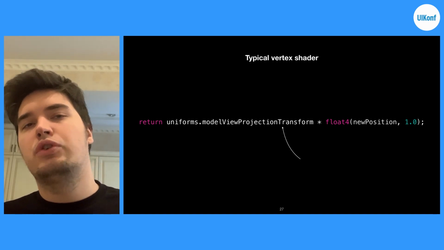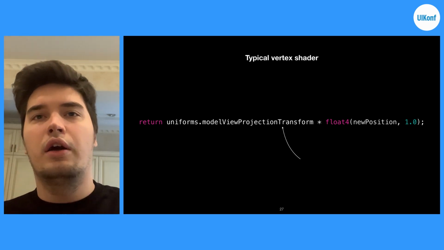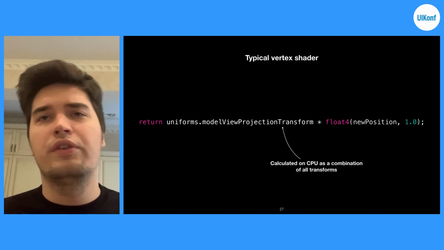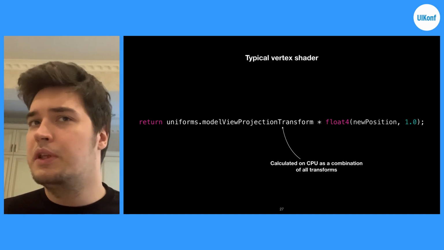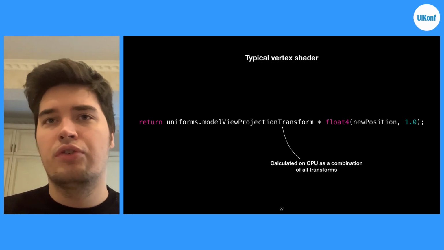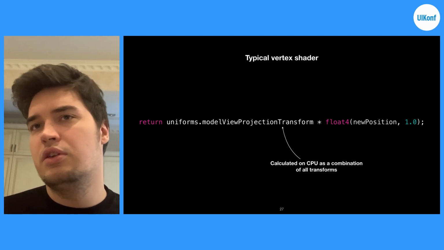So we have to transform the point from the 3D model coordinate space to the screen space. This is usually done with a single matrix. Of course, there are very complex vertex shaders, but the simplest ones take the affine transform pre-computed on a CPU, multiply every point by it, and just return it back.